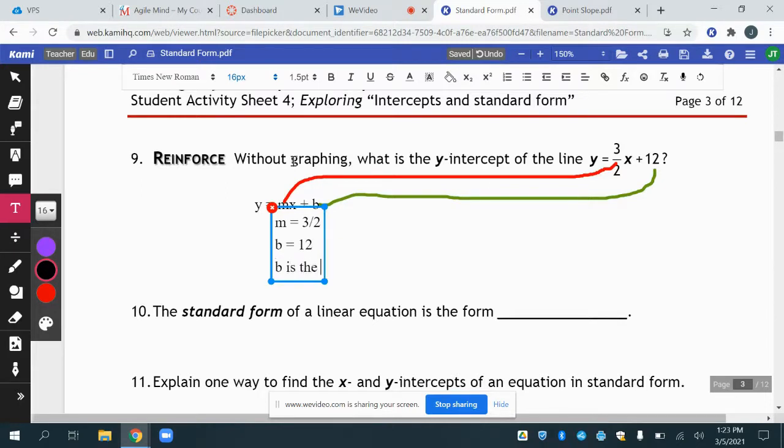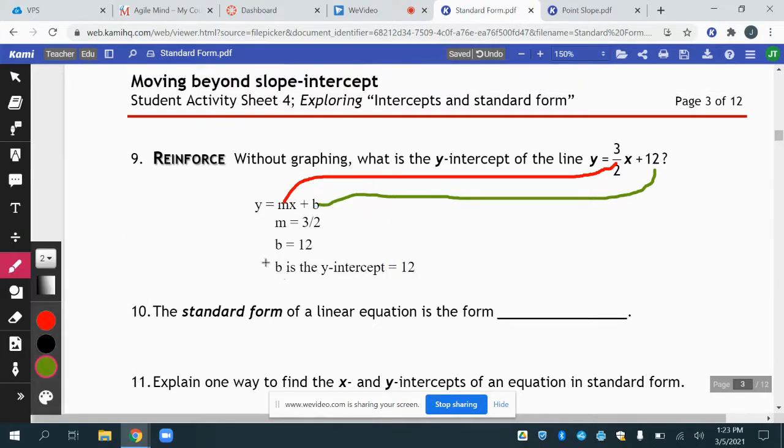B is the y-intercept. Learn that. Whenever x is 0, b is going to end up being y. So we're going to end up with our y-intercept. We're going to get better at this over time. That's the answer.